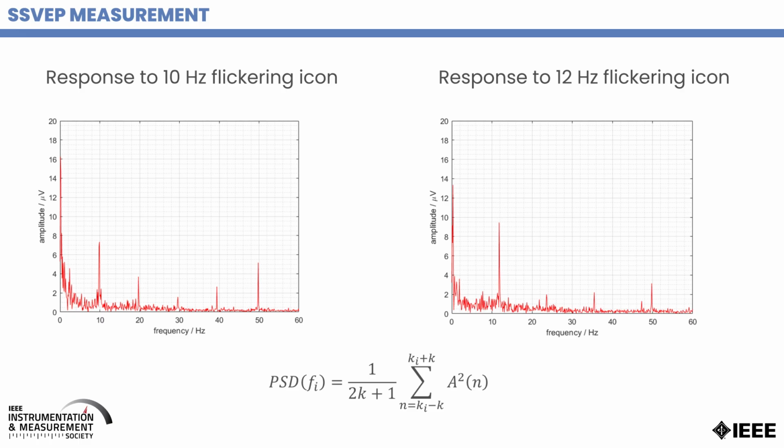So by understanding if there was a certain power spectral density around the 10 Hz harmonic or the 12 Hz harmonic, we could understand what the user was looking at. So far so good. This was a way to study the signal, to classify and to have a features translation. We also noticed that there were higher order harmonics than the main one, but from the functional point of view, it worked and it was done.